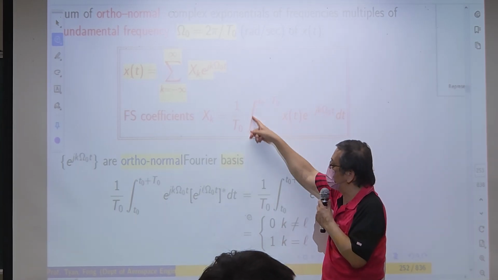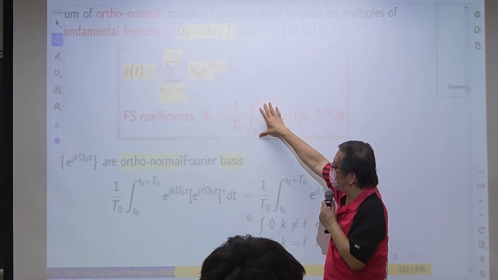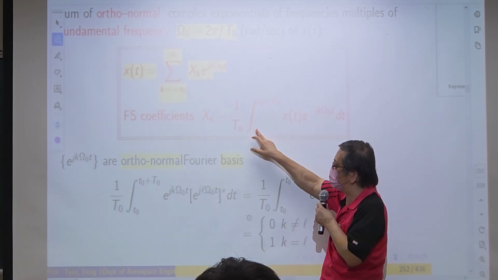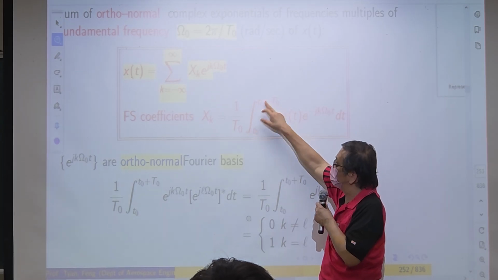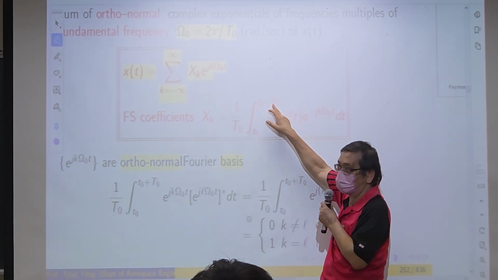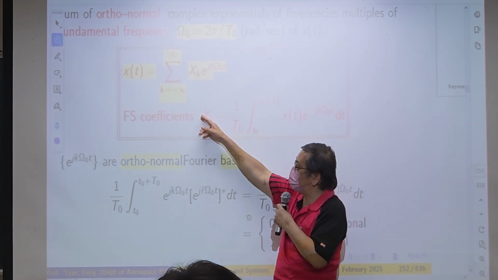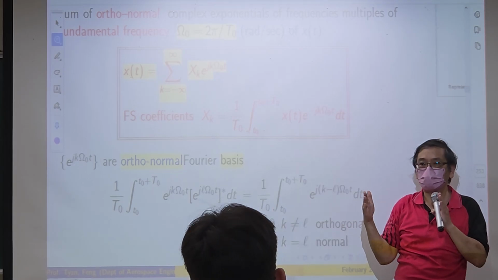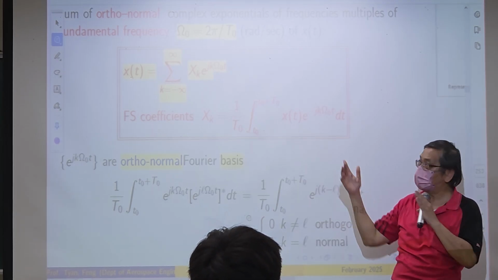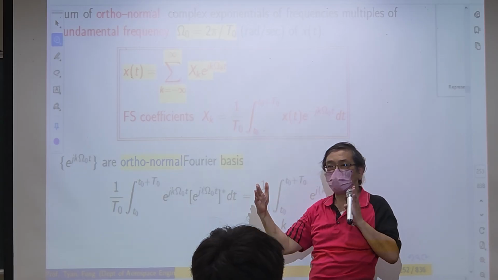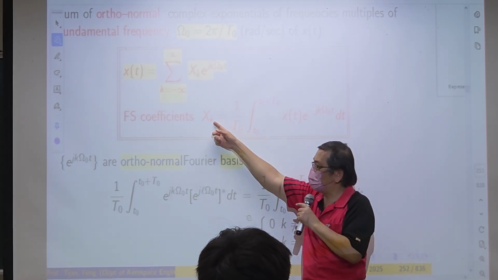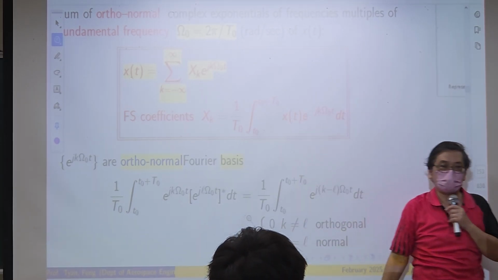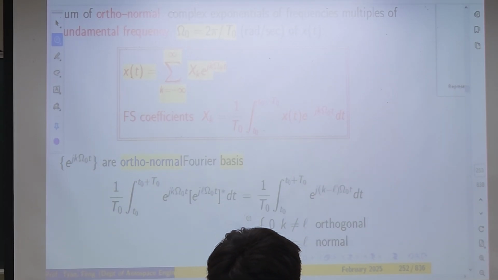So this becomes the integral of x of t over the periodic interval, t sub 0 to t sub 0 plus capital T 0. You can assume t sub 0 is 0, so from 0 to capital T 0, one period. So x of 0 is actually the mean value of the function, because it is also divided by the period T 0. So x of 0 is the mean value of the function x of t in one interval.